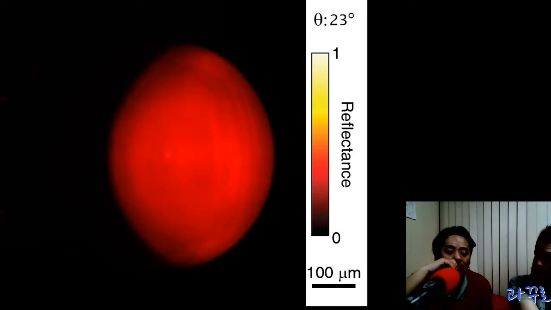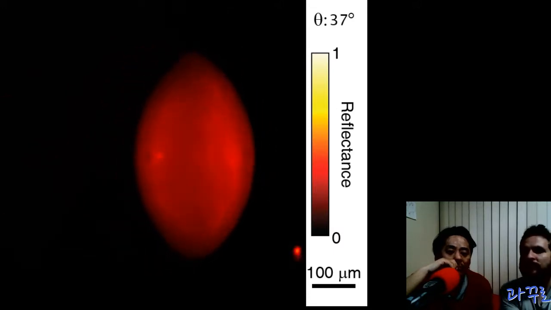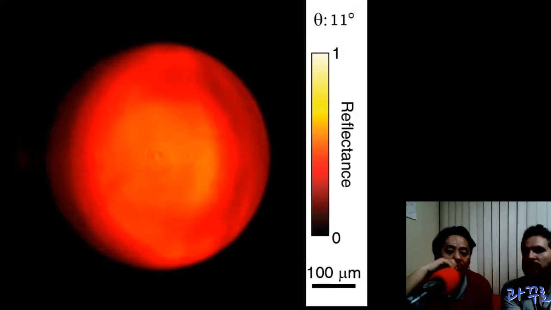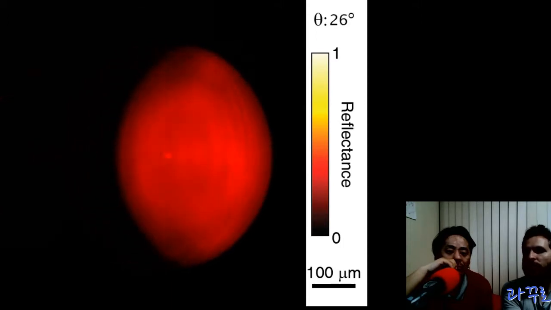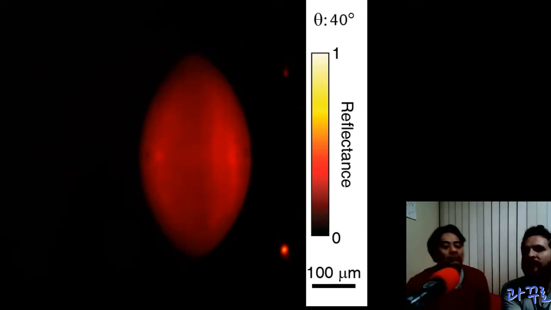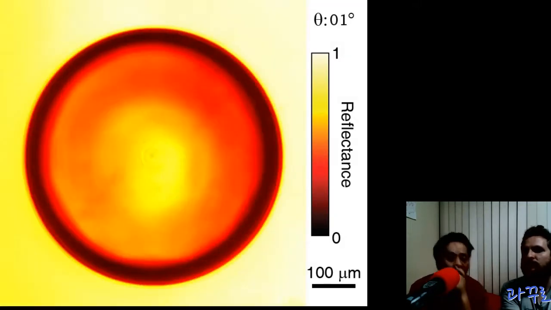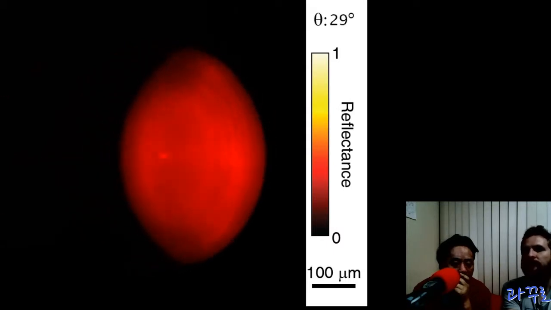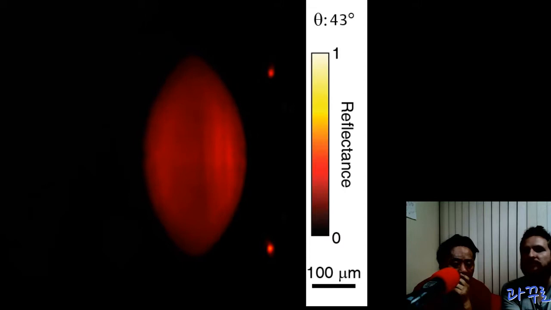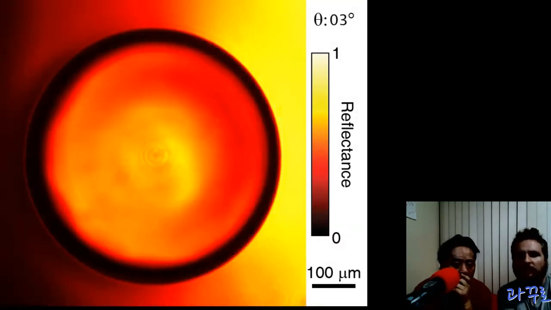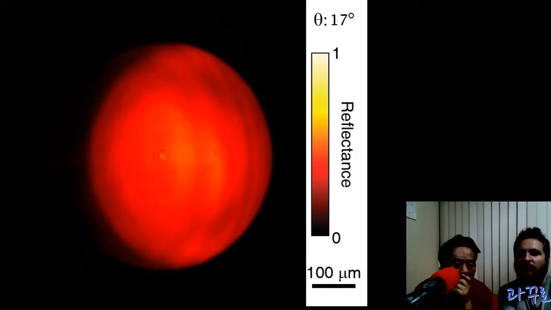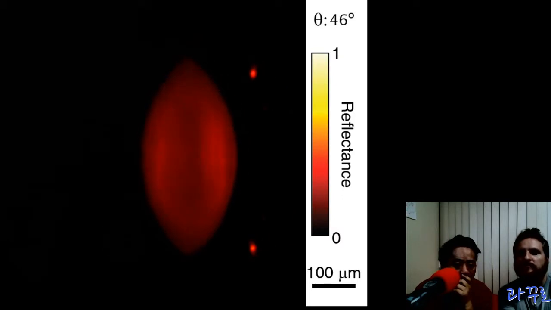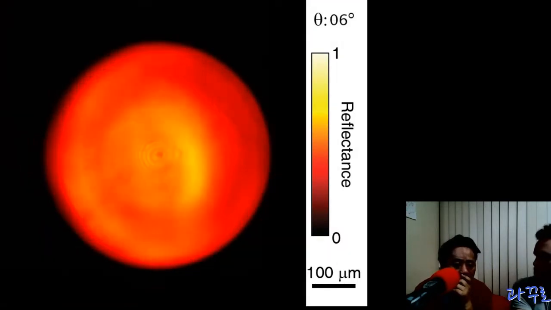In the case of the retroreflector, what we're observing is the compression of the image formed on the retroreflector as a function of angle due to the footprint of the incident light onto the retroreflector. But we're still seeing significant reflection up to, I think they stopped at about 53 degrees, which is pretty impressive.